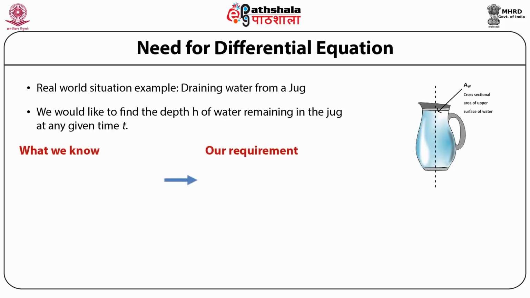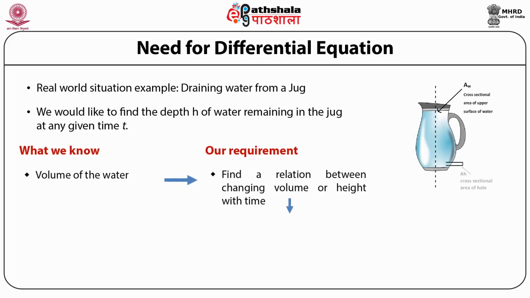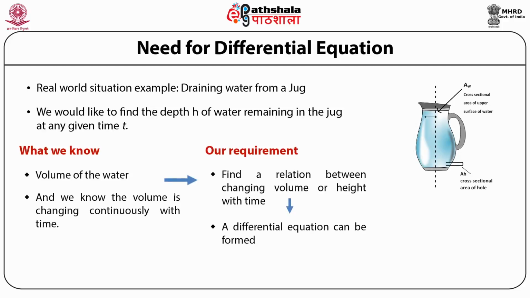What we know is that the volume of the water is continuously changing with time. So we know the behavioral pattern. Our requirement is to find a relationship between how much volume is left behind and how much volume there was. So we can form a differential equation.